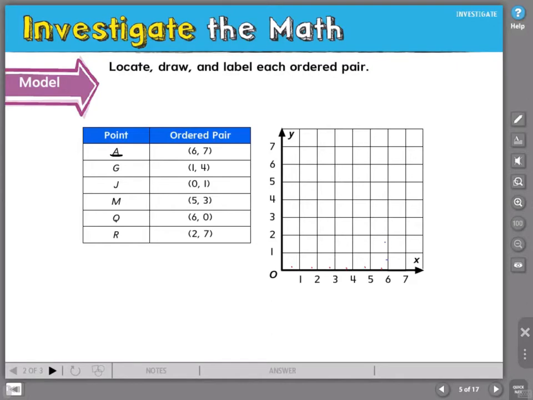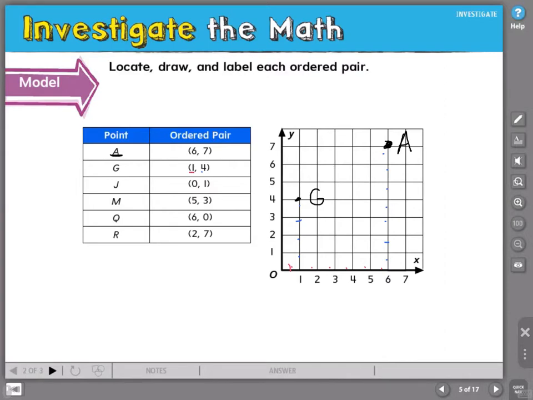And 1, 2, 3, 4, 5, 6, 7 along the y-axis. And here is point A. Now let's do point G. G tells me I have 1 unit on the x-axis and 4 units on the y-axis. 1, 2, 3, 4. Here is where you will find point G.